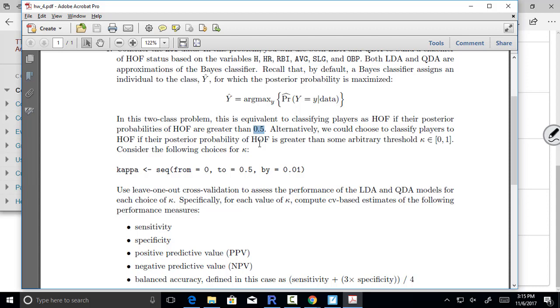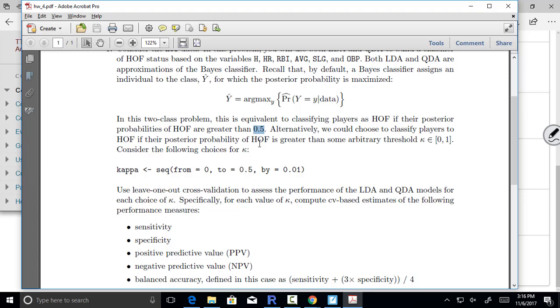So the point of this problem is to give you practice in a common task with classification or predictive modeling, and that is tuning a predictive model. LDA and QDA are both predictive models. Pretty much any predictive model has at least one parameter that you have flexibility with. In this case, a parameter we have flexibility with and might consider changing is this probability threshold.